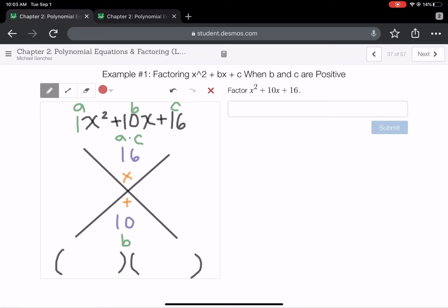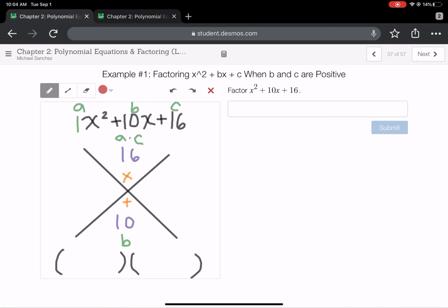What numbers multiply to give me 16? Well, 4 times 4 gives me 16, but it should also add up to 10. 4 plus 4 is not 10, so those two numbers don't work out.